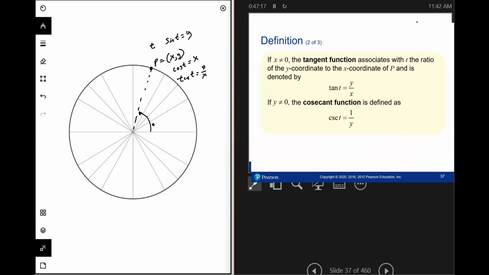Now we have another set of trig functions. I don't know if you had been introduced to them before, and they're called cosecant and secant and cotangent.